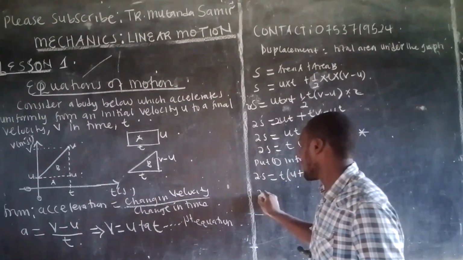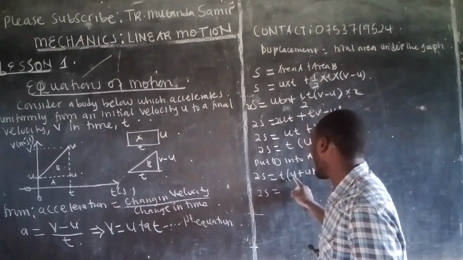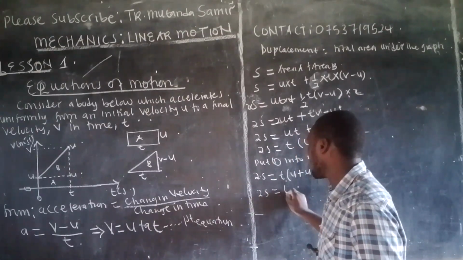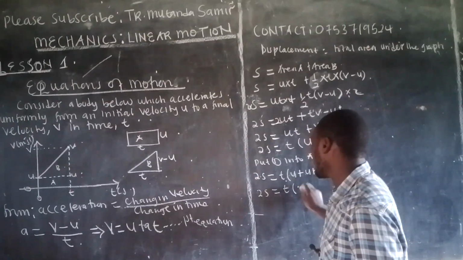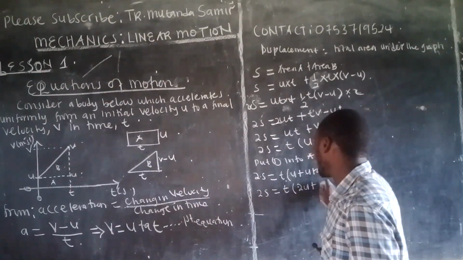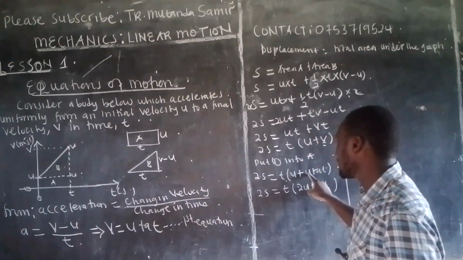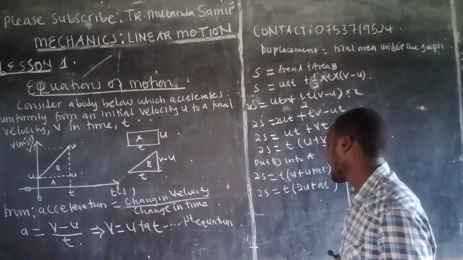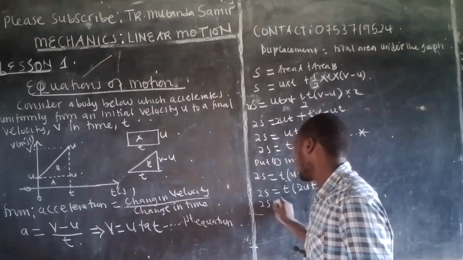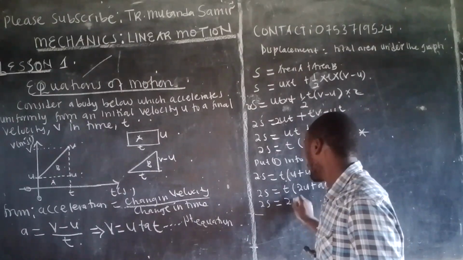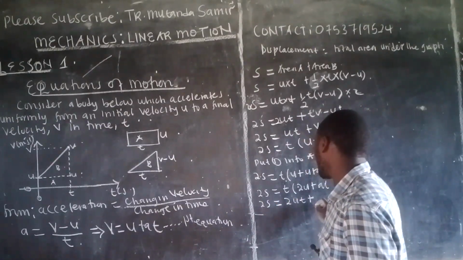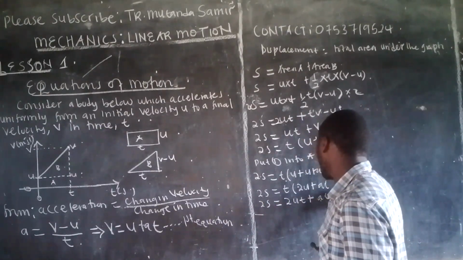Simplify, we shall now have 2s is equal to t into (u plus u is 2u plus at). Please, u plus u gives us 2u. The a is remaining like that. So now it will be 2s is equal to 2ut plus at squared.